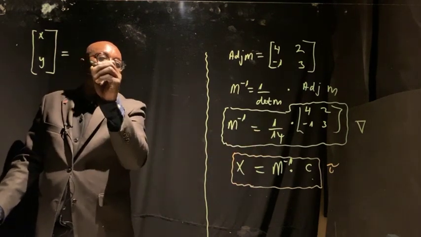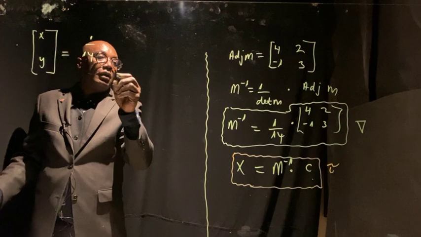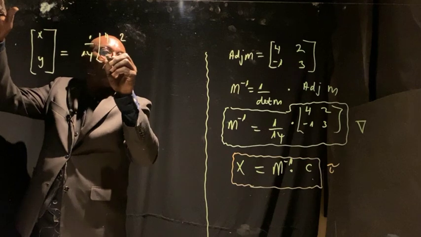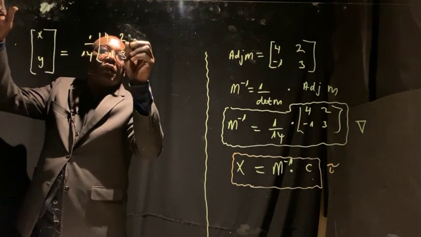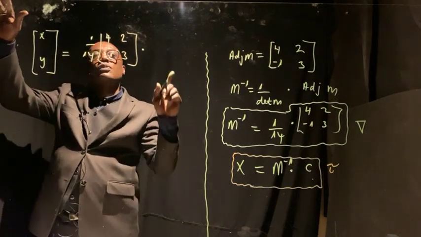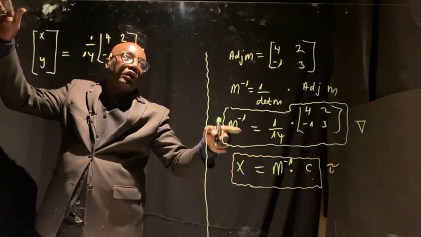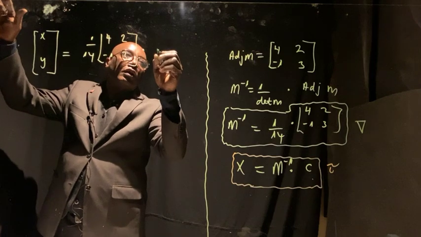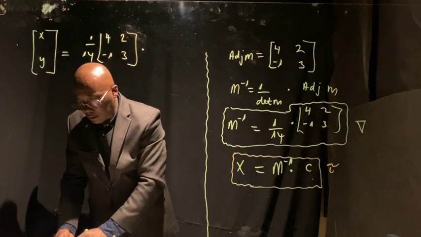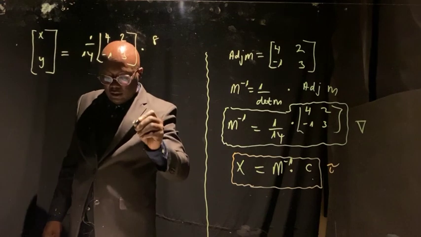So we write equation nabla over there: 1 over 14, 4 2 minus 1 3, multiplied by C. C, by the way, as we said previously, equals c1 and c2, which were represented by 8 and 5.